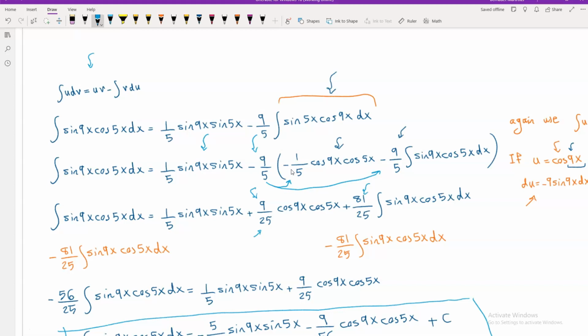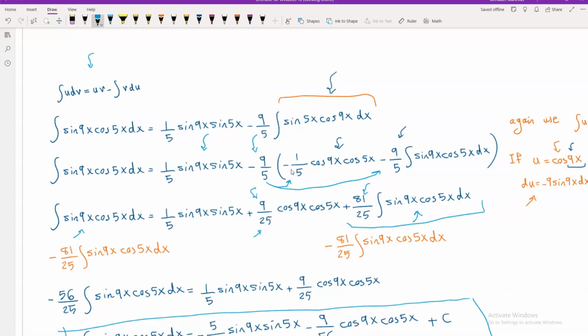And next step, so we have this one here on the right side. We want to find the answer for the integral. As you can see, this is what we have here on the left. So that is exactly the same. I can subtract this from both sides. So subtracting 81 over 25 times the integral of sine 9x cosine 5x dx from both sides.